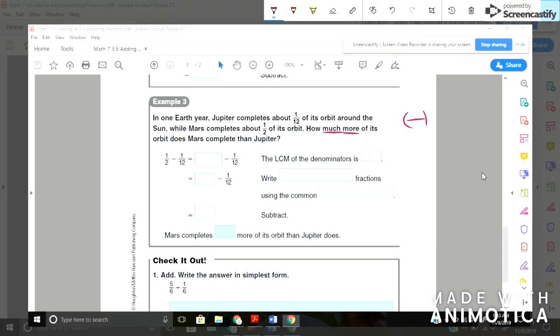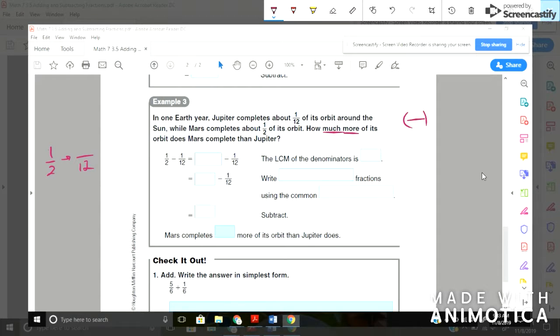We're going to subtract 1/12. Okay, and you'll notice I don't have common denominators right now. But what's really nice is I could easily get 2 to 12 so that my half could also be written in 12s.